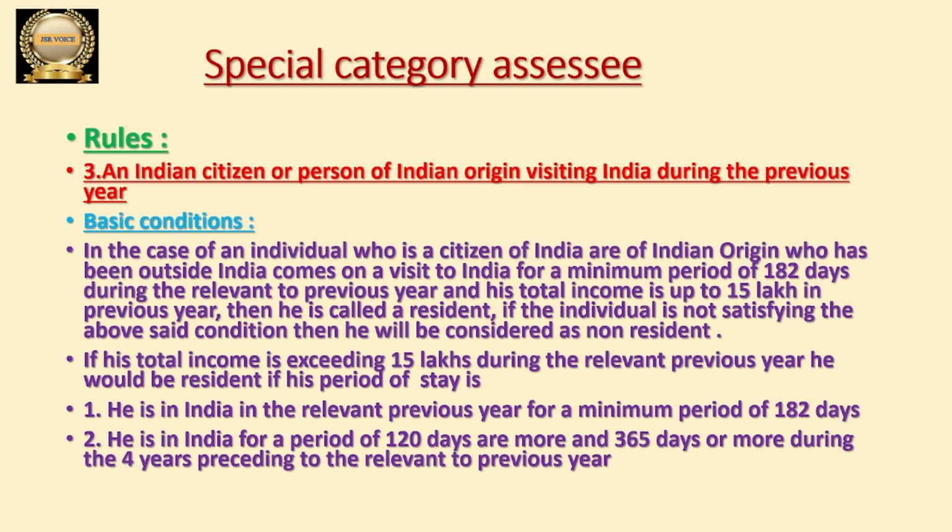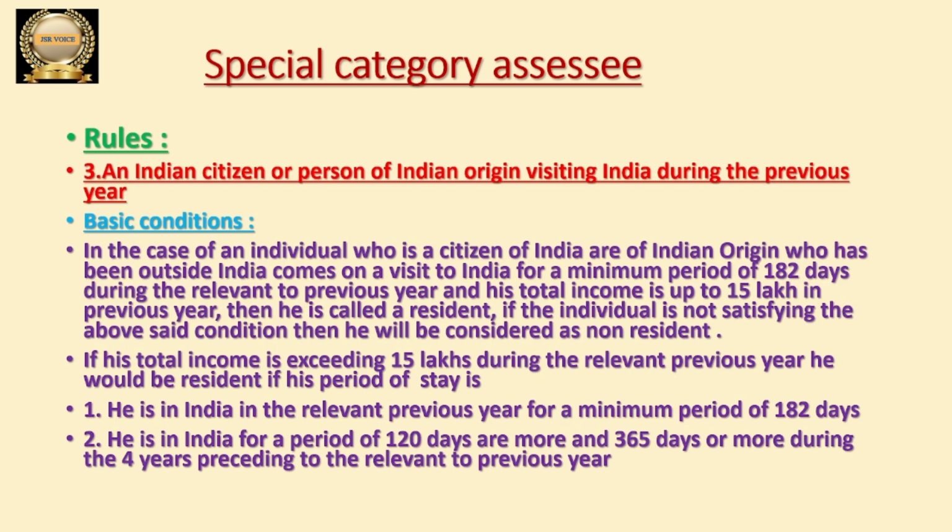If he stayed during the previous year for a period of 182 days, then we have to see what is his total income, especially for this third person. If his total income is up to 15 lakhs, then we can treat him as a resident. If suppose he is not satisfying 182 days stay during the previous year, then we can determine his residential status as non-resident.